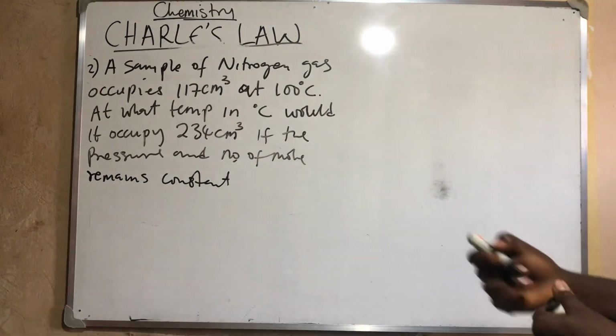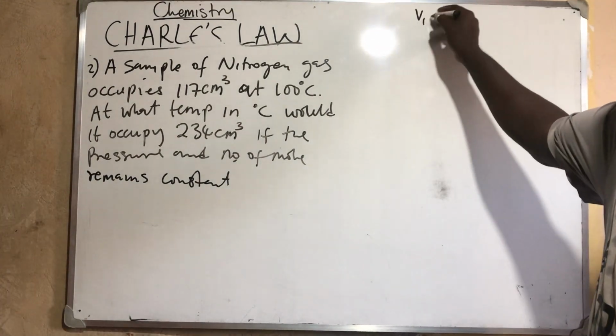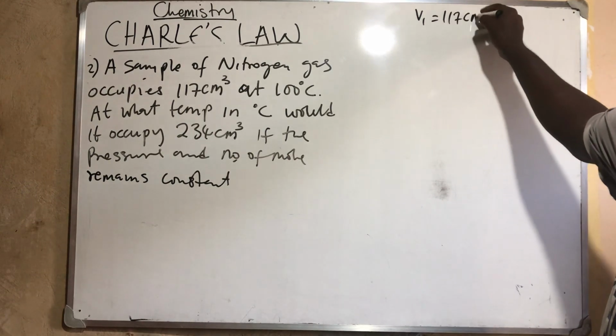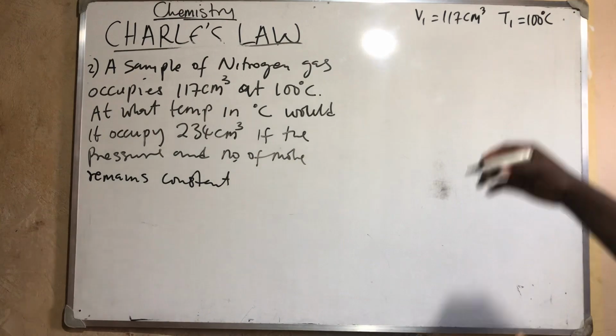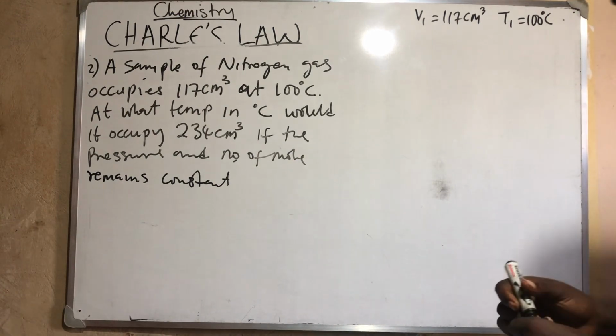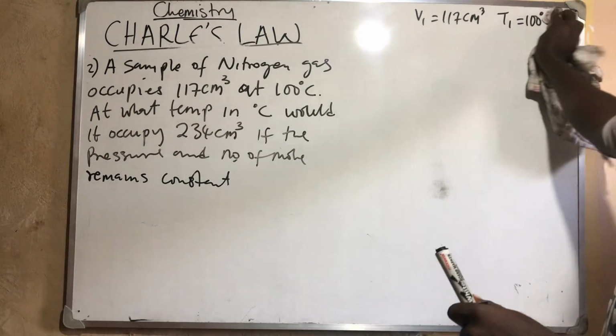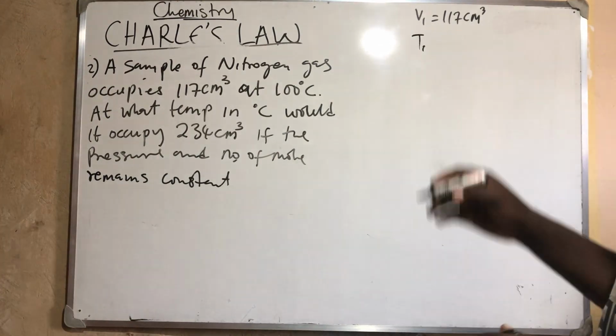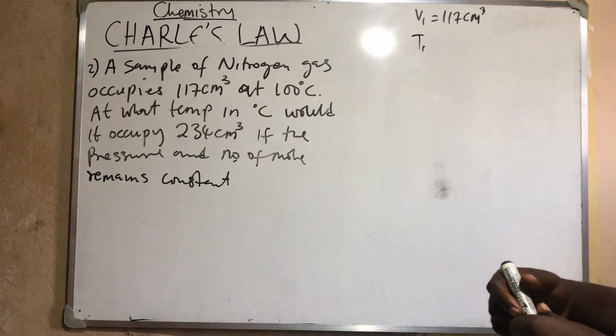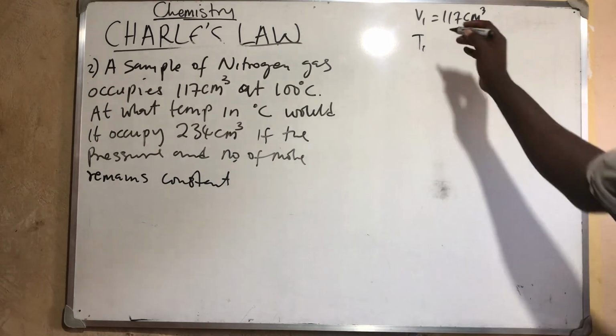The first parameter they gave us is volume. V1 is equal to 117 cm cube. And then T1, the first temperature, is 100 degrees Celsius. Please, never leave your temperature in degrees Celsius. It must be in Kelvin, because they say the volume of a fixed mass of gas is directly proportional to temperature in Kelvin.